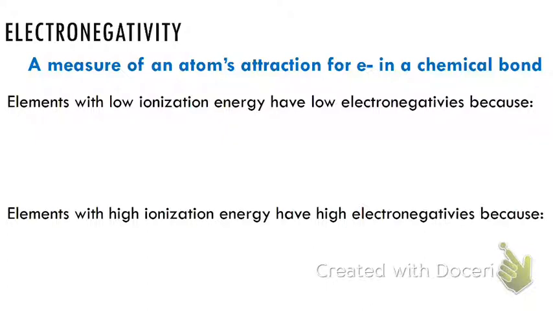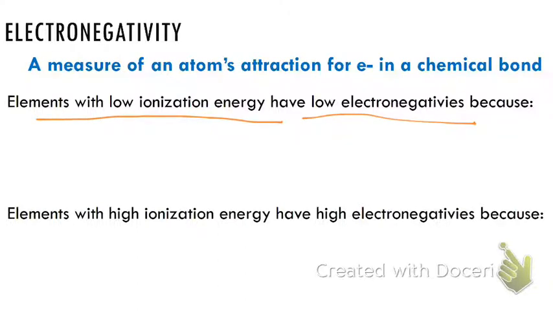But before we get into that, knowing that this is an attraction for our electrons, there's a couple of questions about how these two trends relate to each other, ionization energy and electronegativity. And you are going to be responsible for knowing how these relate to each other. You're going to be giving answers like this: elements with low ionization energy have low electronegativities.